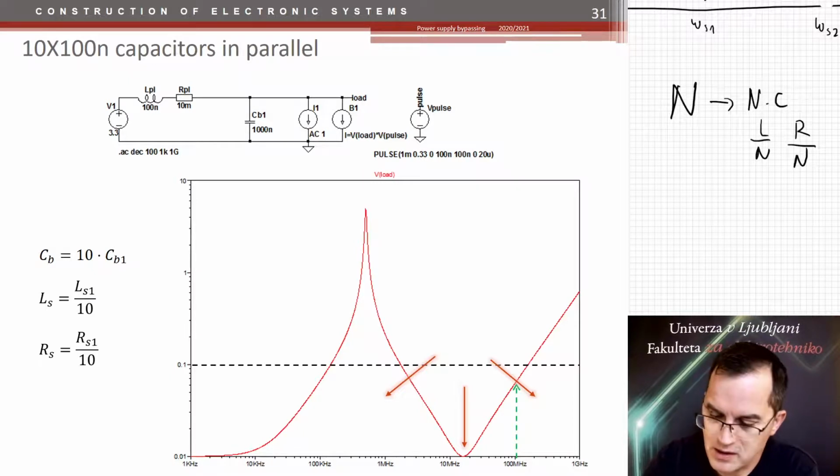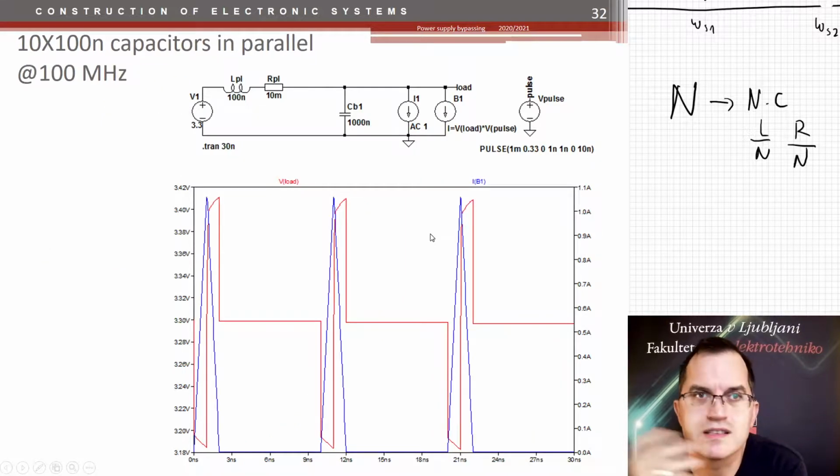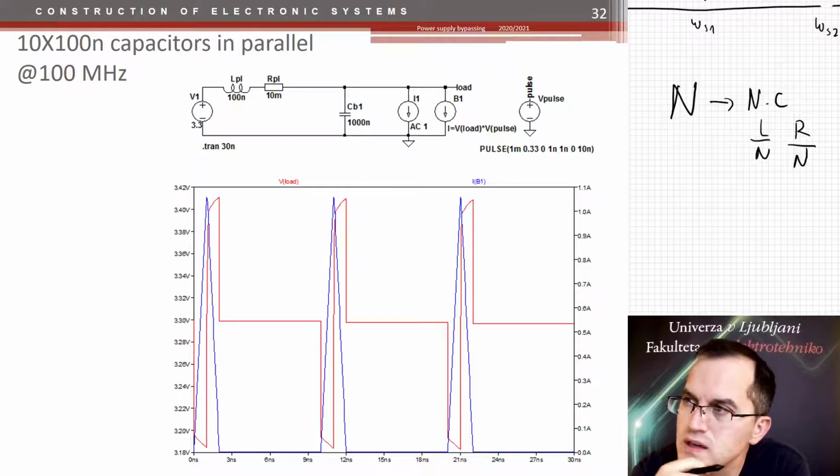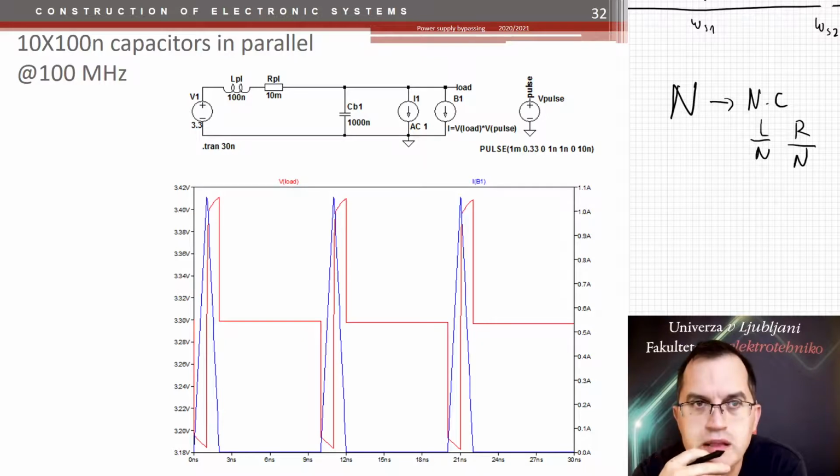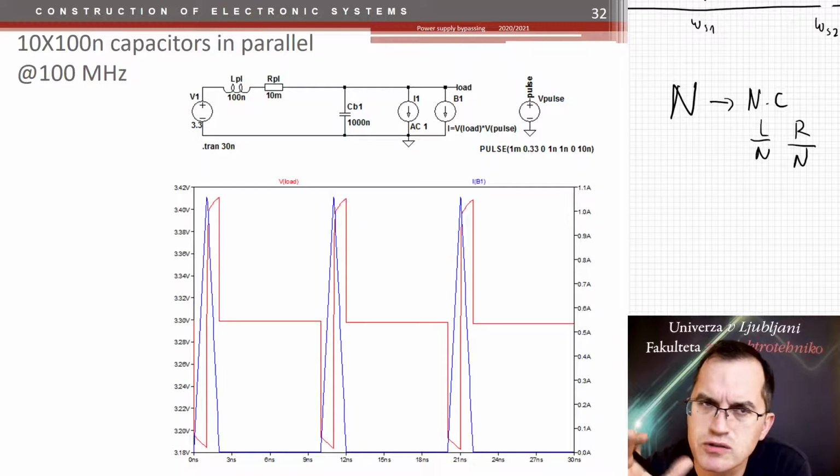We have a problem here. So, what does it mean? If I now do a simulation at 100 megahertz, I actually get a voltage change of around plus minus 100 millivolts, which is what I actually sort of wanted to have. It's not ideal, but it's there.